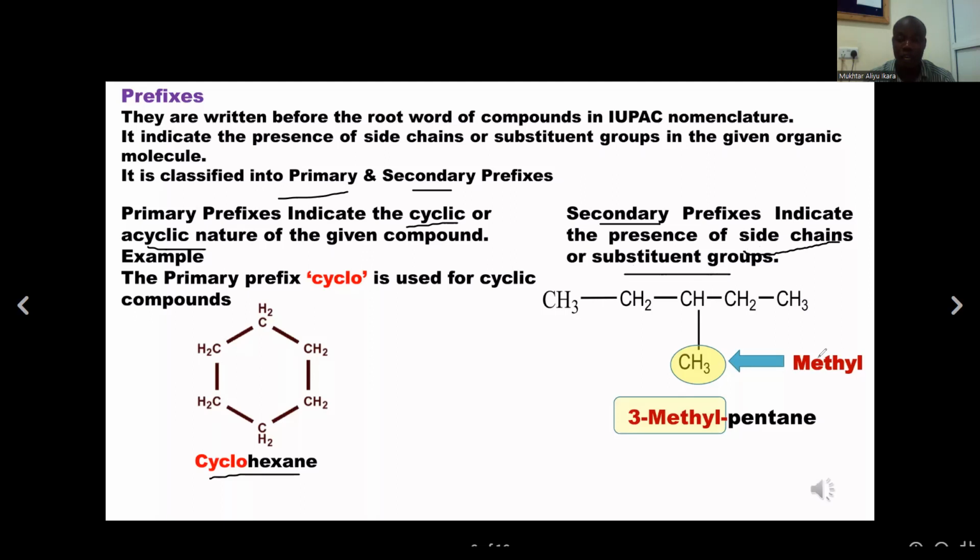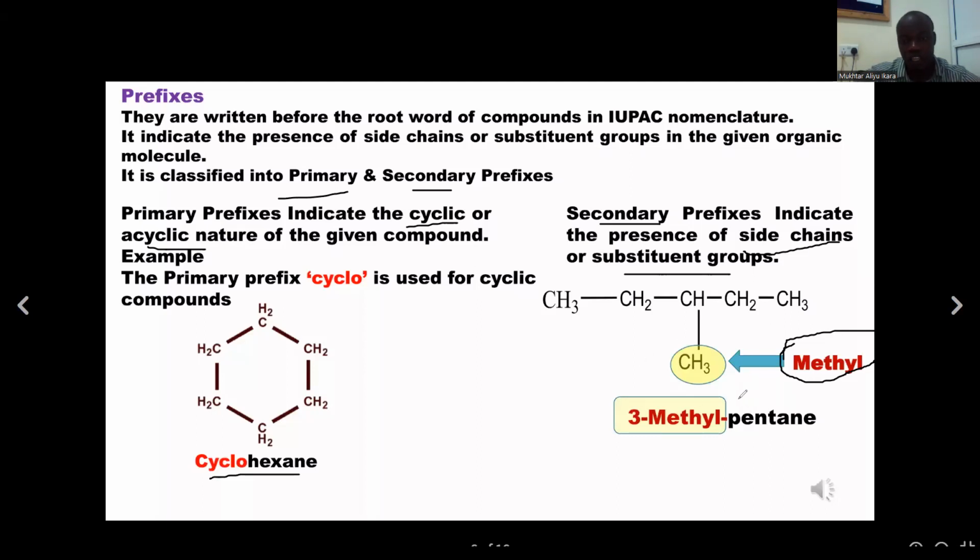So look at it, we have methyl here. Methyl is a secondary prefix, so we have 3-methylpentane. And remember that I said that the prefix always comes before the root word or root name. Okay, so therefore we have methyl here.